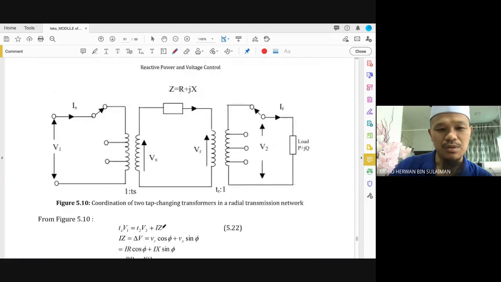So this is an example of a tap changing transformer. Let's say this one is our V1, and this one is V2. This one is Vs, the sending end voltage, and then we have the receiving end voltage Vr, plus minus.